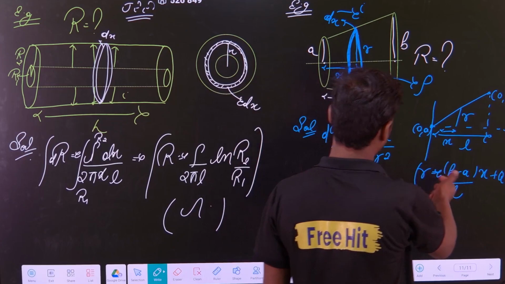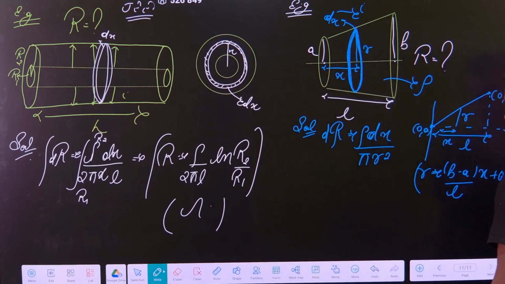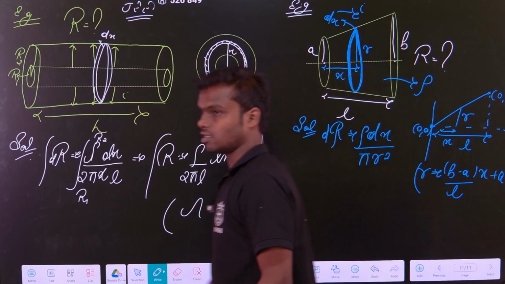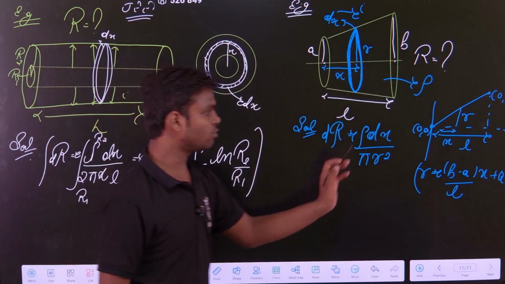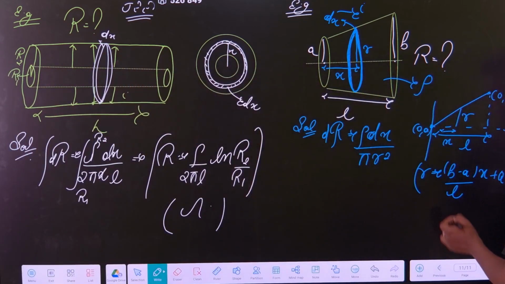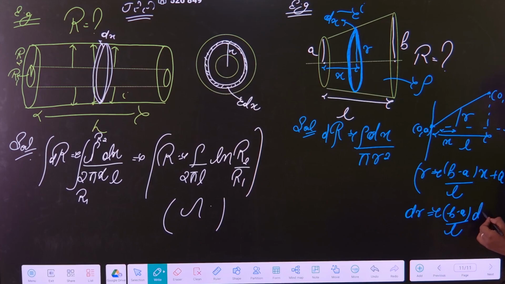Now just find the dx. Either you can replace r by this expression, or you can find dx. It is better to find the value of dx. Differentiate this, so this will become dr equals (b minus a) divided by L into dx, and the differentiation of the constant is 0. So from here you can put the value of dx.